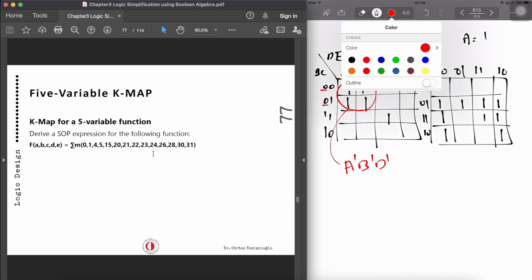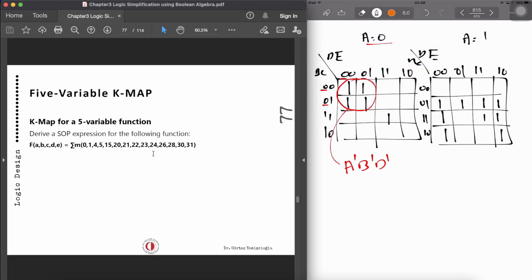Then I can have these four, where A is 1, it's B prime, C. And then I can have these four, the green ones. Again, A, B is 1, and E is 0.